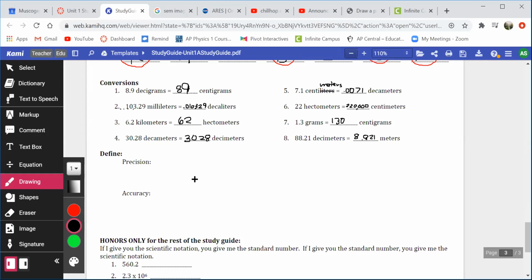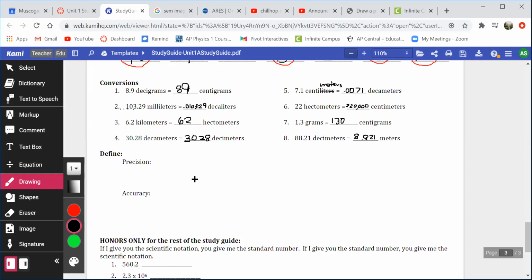There we go. So the quick version is it's how closely your data agrees, or how close your data comes out to be. So when you're going for precision, that is grouping of results. So if we're talking sports, it's hitting the same place over and over again, hitting that same target constantly.